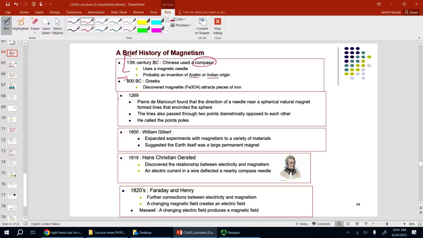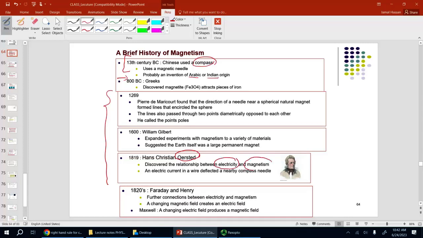The most recent development in magnetism or electricity and magnetism, credit actually goes to Europeans. So there are many scientists who contributed into development, discovery, and also finding the relationship between electricity and magnetism. For example, the famous scientist Ørsted is credited for finding the relationship between electricity and magnetism.